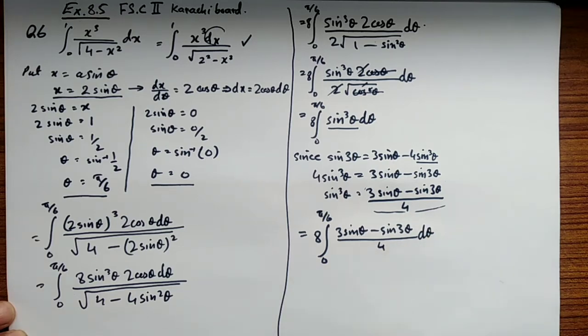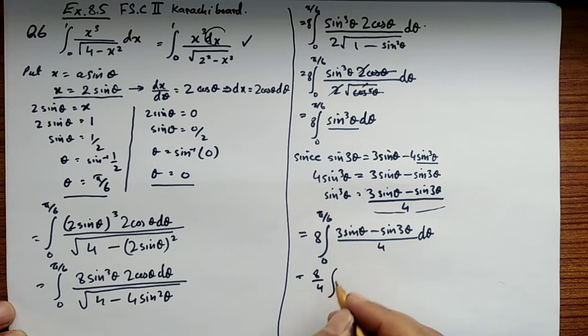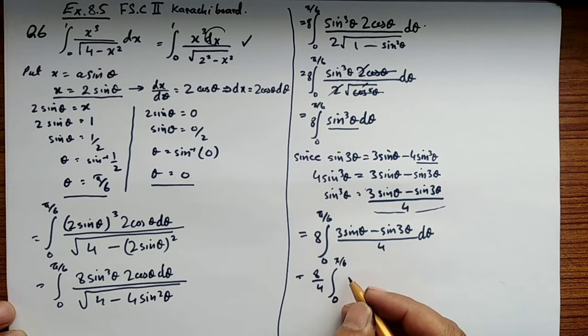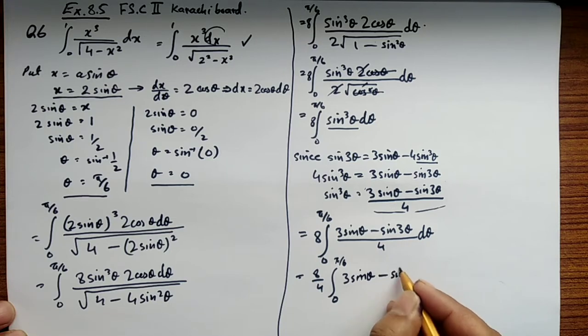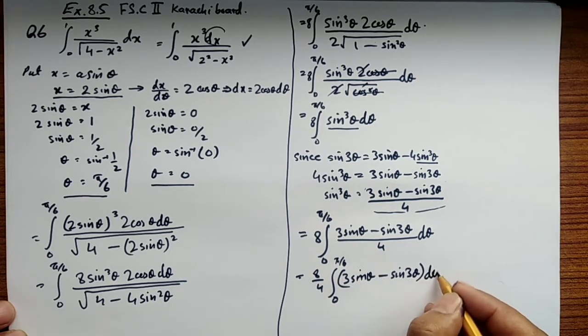So now taking this 4 outside, this will be 8 upon 4, with pi upon 6 whole divided by the 0 lower limit. Now I'm left with 3 sine theta minus sine 3 theta d theta.